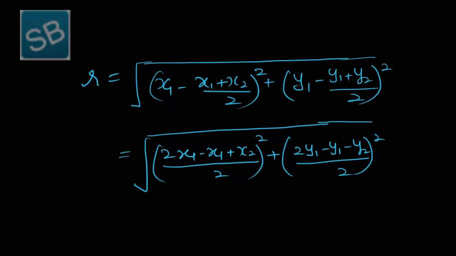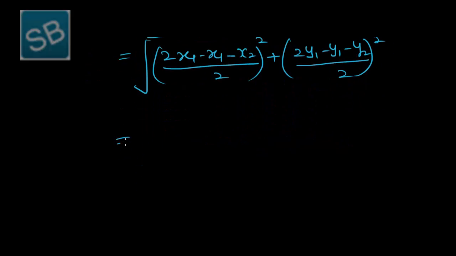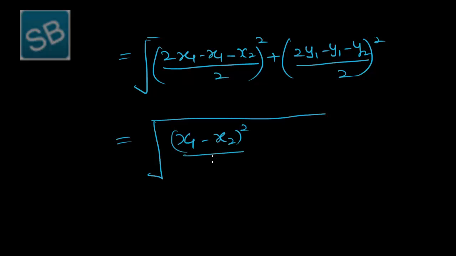So in the first bracket we will also have minus because here minus is outside. So we get under root (2x1 minus x1, that is x1 minus x2) whole square over 4, 2 square is 4, plus (y1 minus y2) whole square over 4.